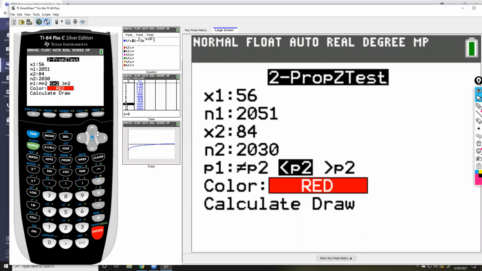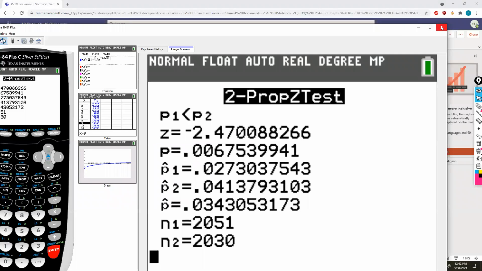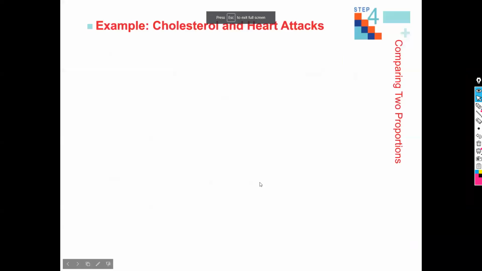Got it. There it is. So that is our calculator.